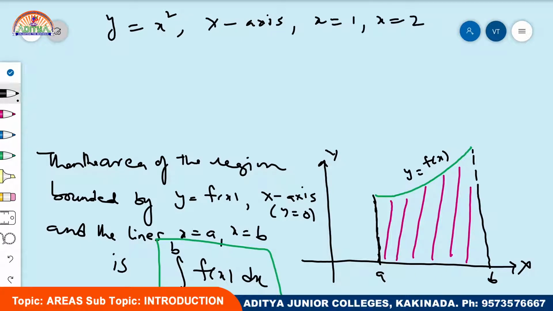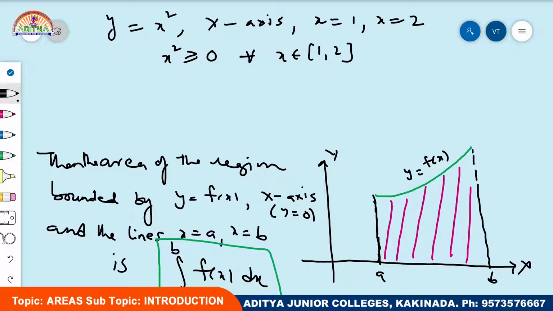Find the area of the region bounded between y equal to x square, the x axis, and the lines x equal to 1 and x equal to 2. You can observe one thing: here x square is always greater than or equal to 0 for all x belonging to [1, 2]. Because initially while finding area, you have to observe the sign of the given function. It is clearly greater than or equal to 0.